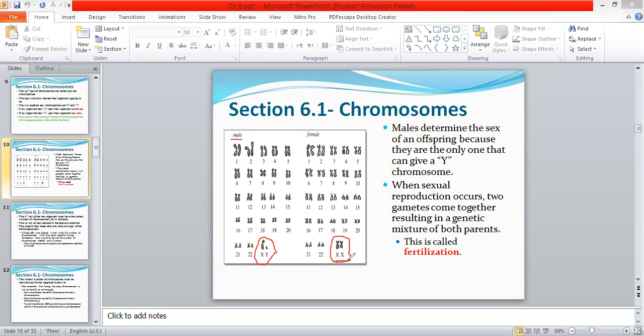Okay, and X and Y or X and X come together after fertilization.